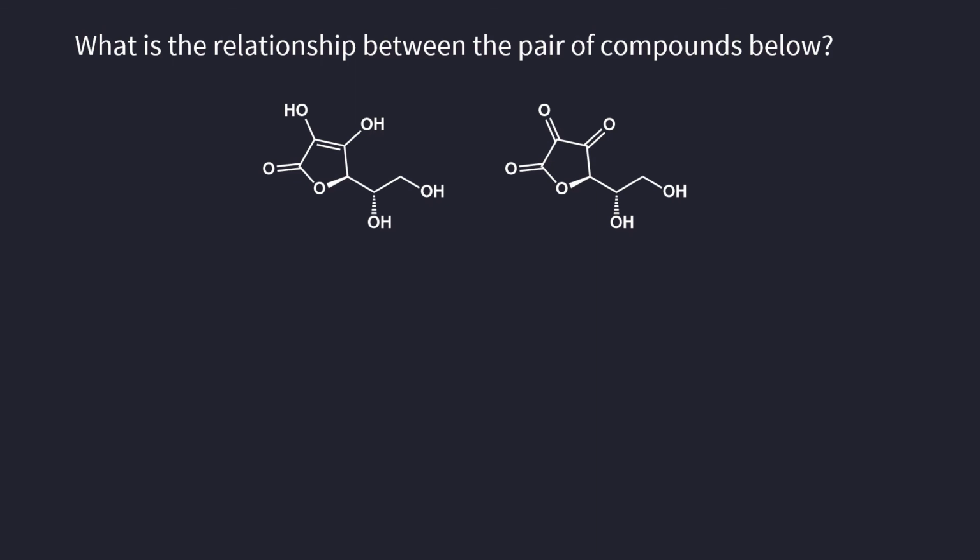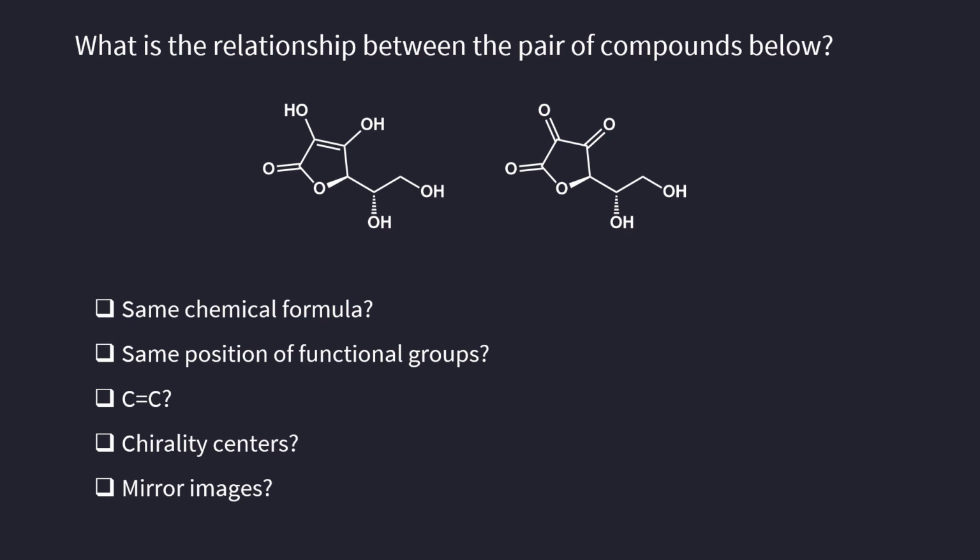Next, what is the relationship between this pair of compounds? So again, let's go through the checklist. Are they in fact isomers? Do they have the same chemical formula? You might panic when you see so many functional groups on a molecule and more than one stereocenter.